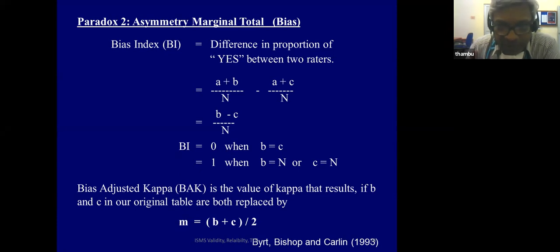It's very simple. The same numbers are provided to you, and the software will calculate for you the routine kappa, the prevalence adjusted kappa, the bias adjusted kappa, and the best idea is to do PABAK, which is prevalence adjusted, bias adjusted kappa.